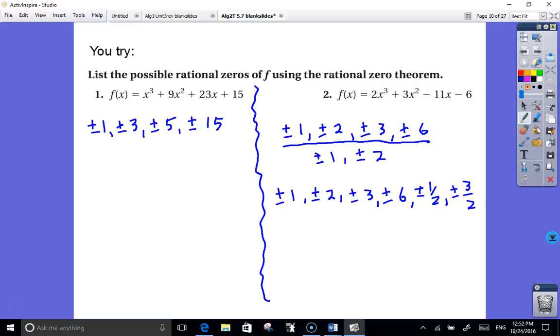On the left, there's only the factors of 15 to deal with. It's pretty straightforward. The one on the right, factors of 6 divided by the factors of 2. A couple of them repeat. 2 over 2 and 6 over 2 are repeats, so you don't have to do those.